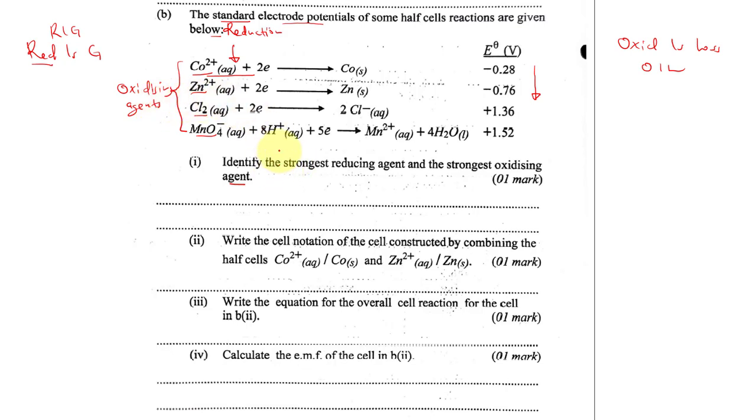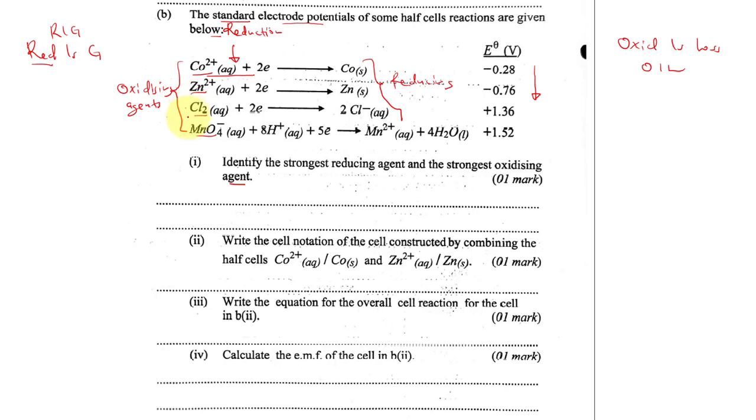Of course, for you to be reduced, it means you are gaining electrons, but as you are gaining electrons, it means you are causing some other species to lose electrons. So in this case, our cobalt ions, zinc ions, and the rest are oxidizing agents because they are being reduced in the process.